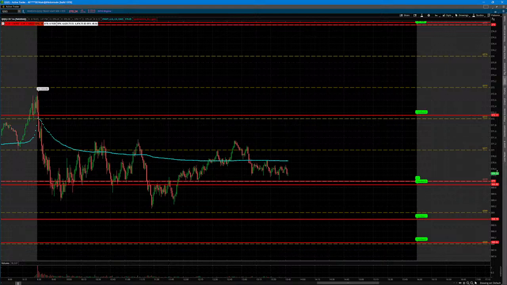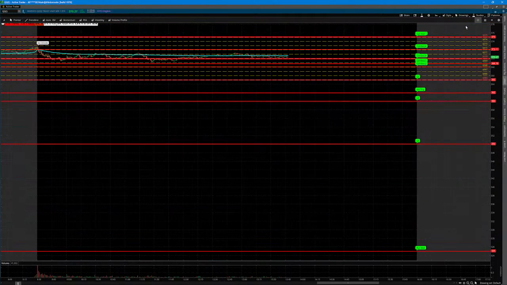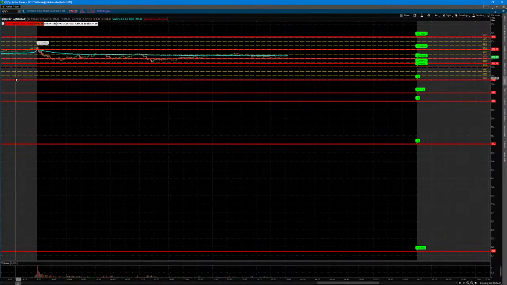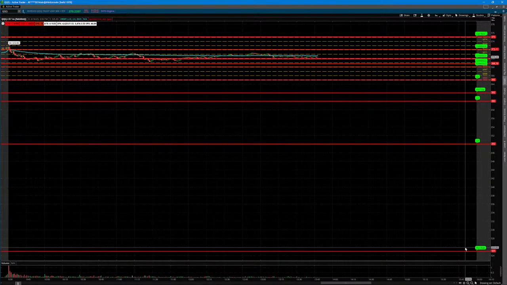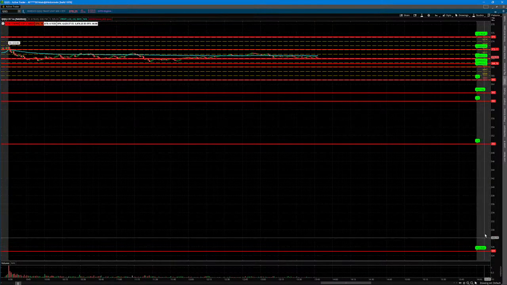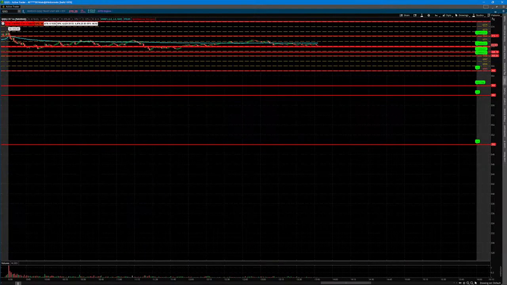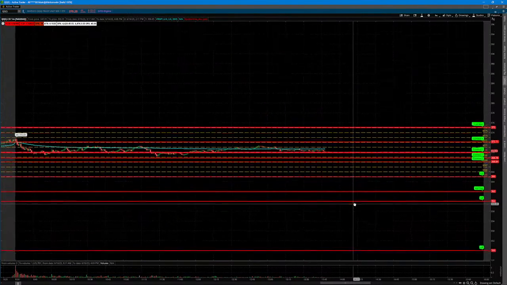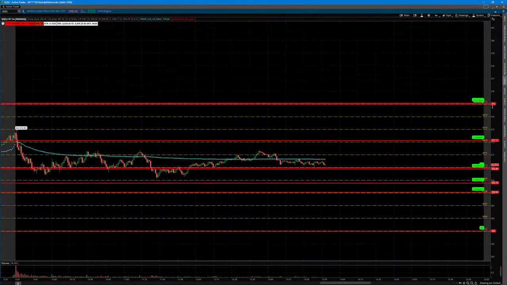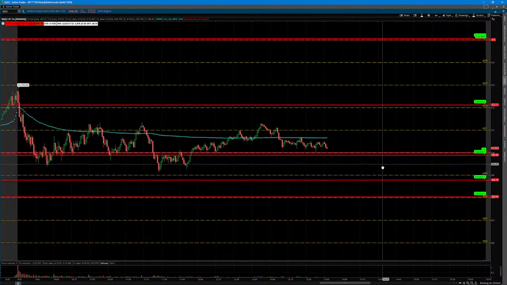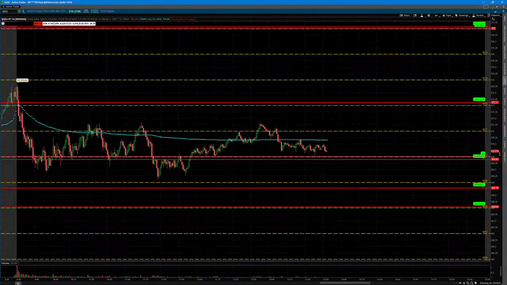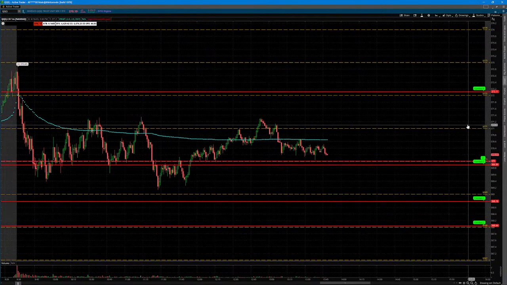So bullish shifts higher in the NASDAQ as well as the S&P 500. Sorry about that. All right, so that is QQQ, the levels that are in play for today.